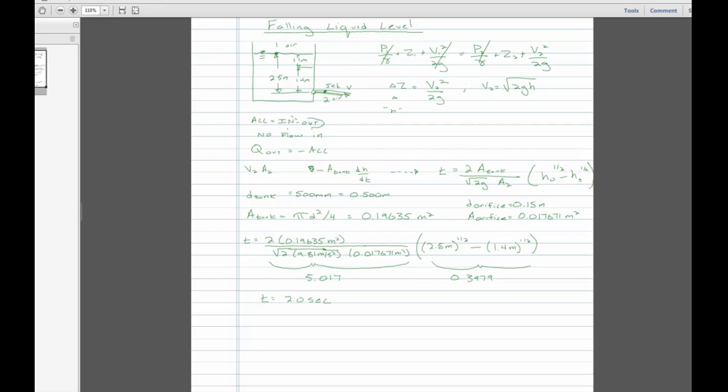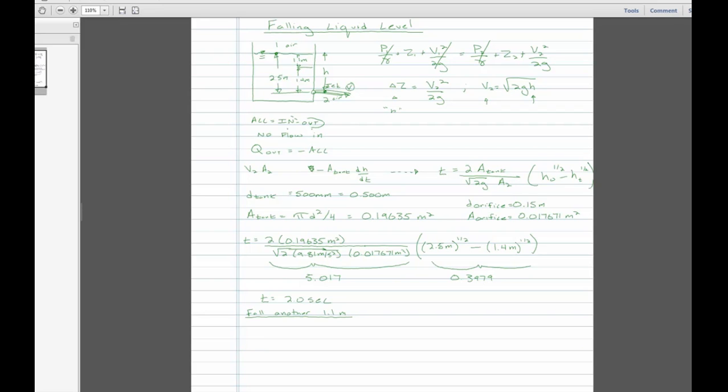The next part of the example asks how long will it take to fall another 1.1 meters. Now this is a good place to pause and think about the situation conceptually. Remember that the velocity out of the tank depends on the height of the water elevation above the orifice. From the orifice equation, for a big h you're going to have a big velocity. We started with h being relatively large, 2.5 meters.